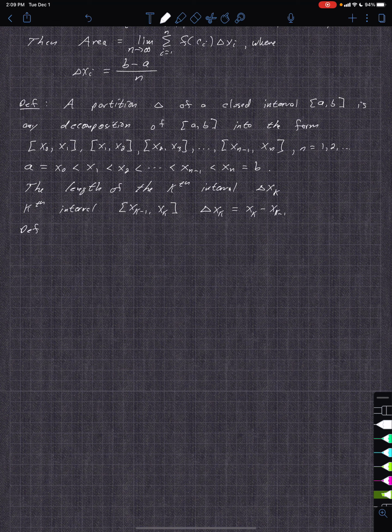Furthermore, next definition, continuing really: the largest delta x sub i is called the norm of the partition. So the largest of delta x1, delta x2, etc., to delta xn is called the norm of the partition.